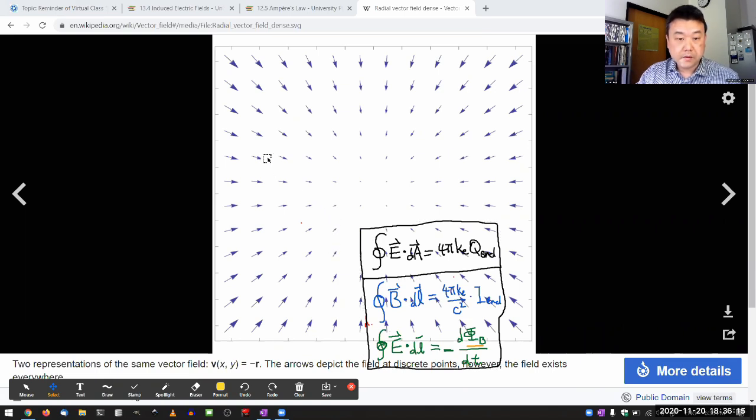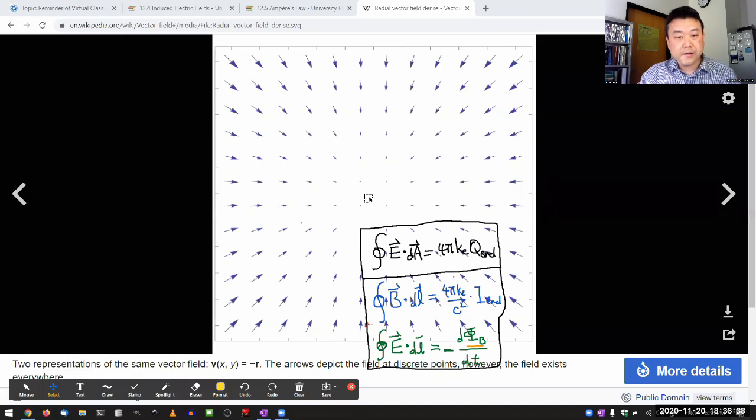But when you look at this set of arrows, they have a distinct feature in that all these arrows seem to be pointing into one location. Or if you reverse the direction, then these arrows appear to point away from that point.